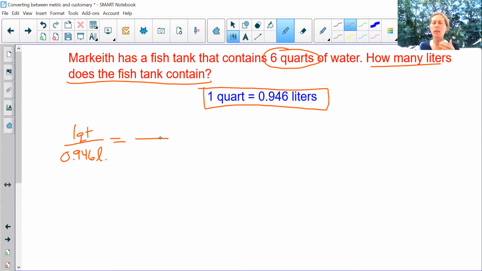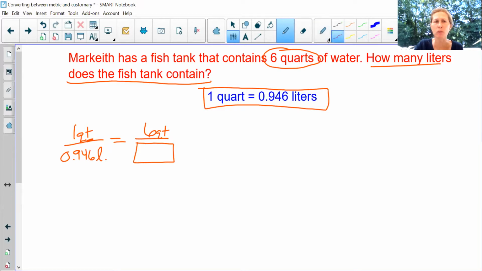Now, when I go to create the other side of the proportion, I have to put the 6 in the correct spot. If you put it in the wrong spot, it's going to be completely wrong. Where do you put the 6? Well, the 6 has to stay in the same position as the quarts on the conversion factor. Since the quarts are on top in the conversion factor, the 6 quarts has to stay on top. And I am looking for how many liters is 6 quarts.